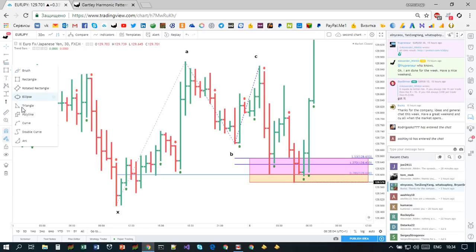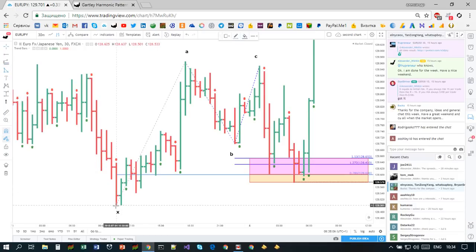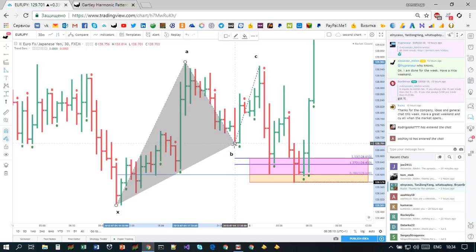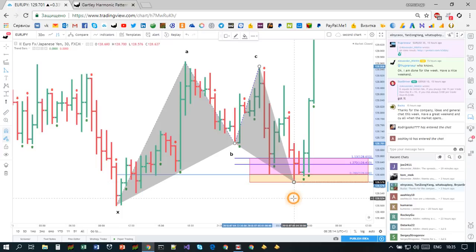Okay, next thing that you do, you just take triangle tools, yes, and you connect the points X to A to B, and then you connect the B to C to D. The D point is the terminal price bar. Until then, you can only have a calculated D point. You expect this to be the 786 or whatever is the lowest point of the potential reversal zone, and then when it appears, the real D point becomes this.